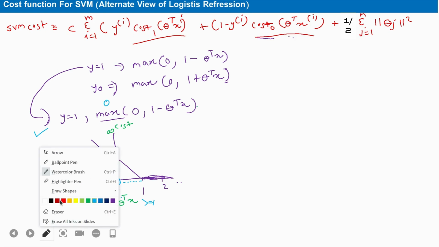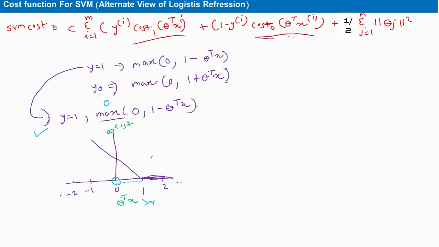If I use this pen, in the case of misclassification, theta transpose x is somewhere here, which is less than 1. At that time the cost goes directly to infinity, to the maximum cost. Because of that, this will work when y is equal to 1.